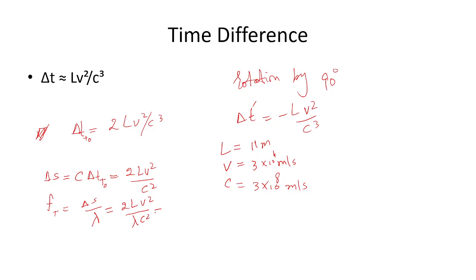The wavelength of light is taken to be 5×10⁻⁷ meter. Putting these values in this formula, we get 0.44.